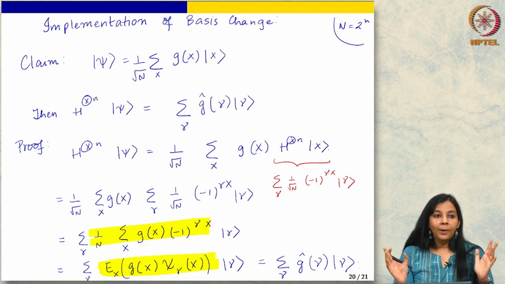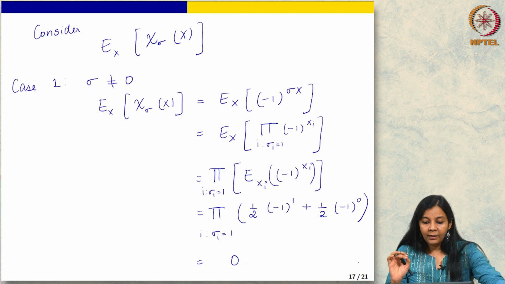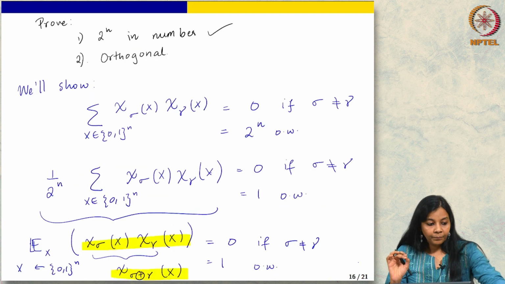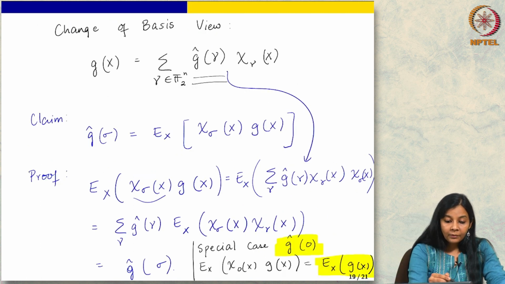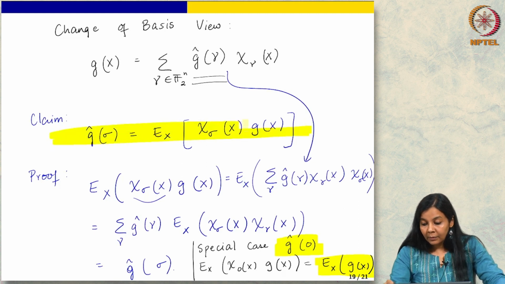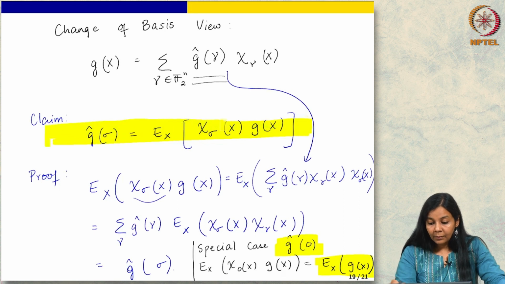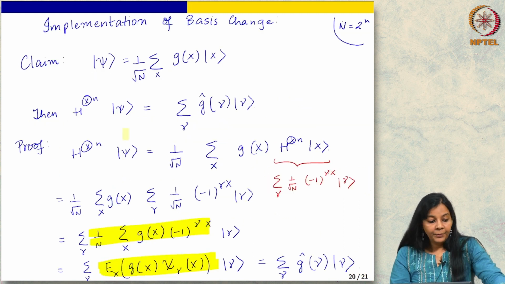Okay, so a very quick recap, what did we do? We defined a new basis and we computed the coefficients. And yeah, these are the coefficients, right. So, where is it? Yeah, these are the coefficients. Okay, and then we claimed that the basis change can simply be accomplished by applying the Hadamard.